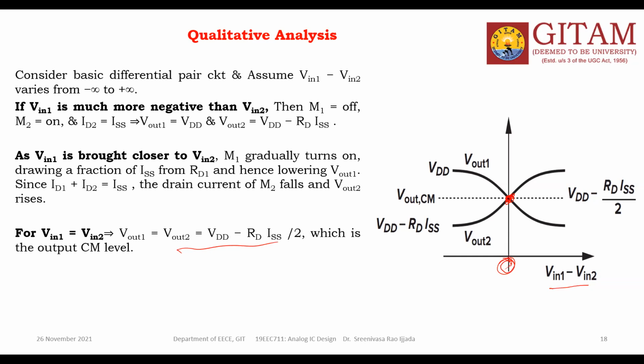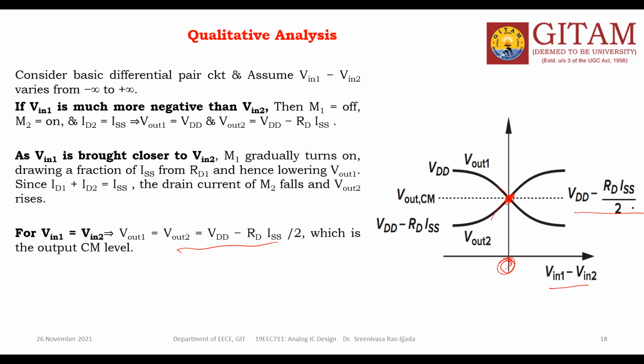Both are equal. Your Vout1 and Vout2 meet at that point, and whatever the voltage is, it is equal to VDD minus RD into ISS by 2, which is nothing but the output common mode value. Got it in this picture?